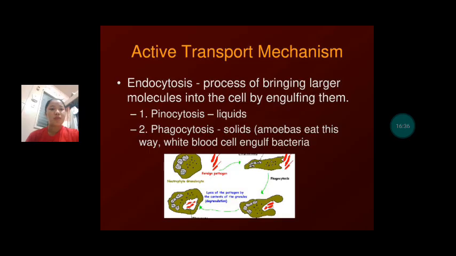Phagocytosis is for solids, pinocytosis is for liquids. Amoebas eat this way. White blood cells engulf bacteria.